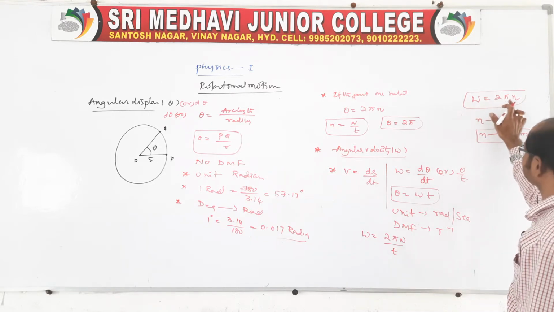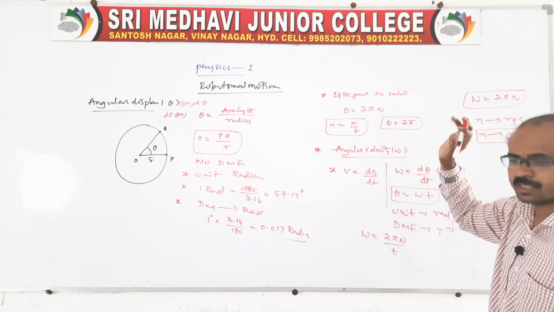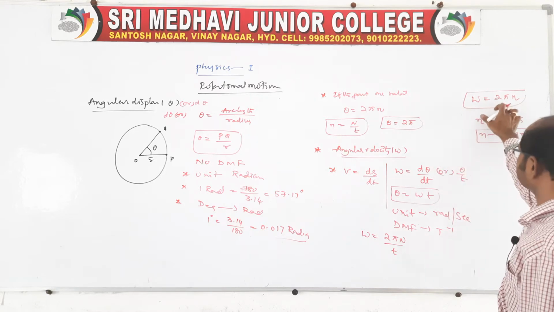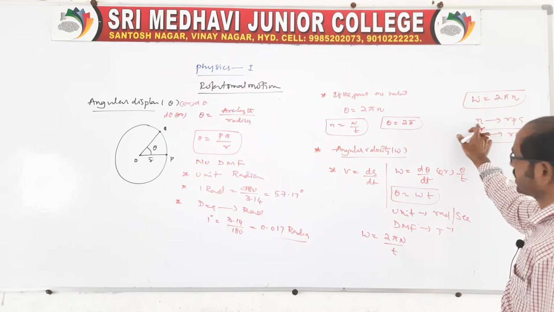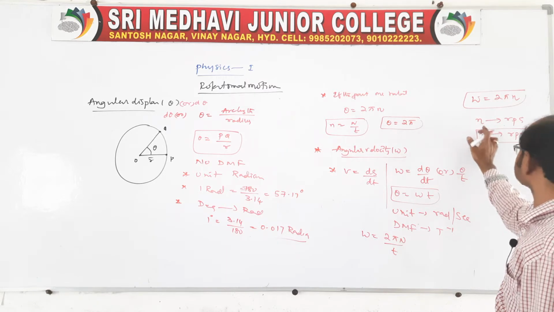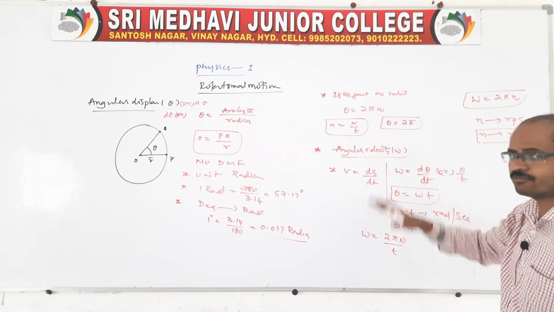Based on that also we have problems in this chapter. By using RPS or RPM, you substitute here and get the value of omega.